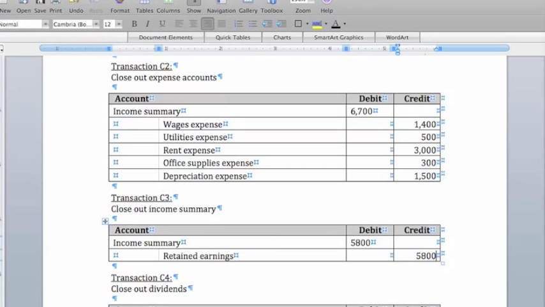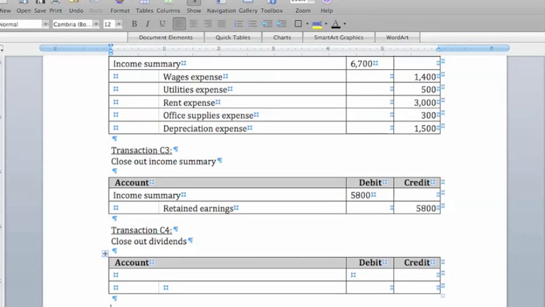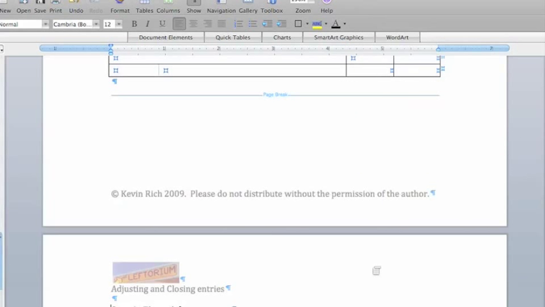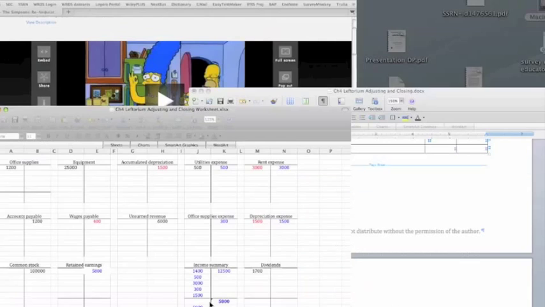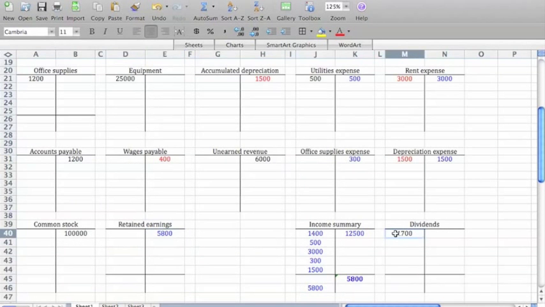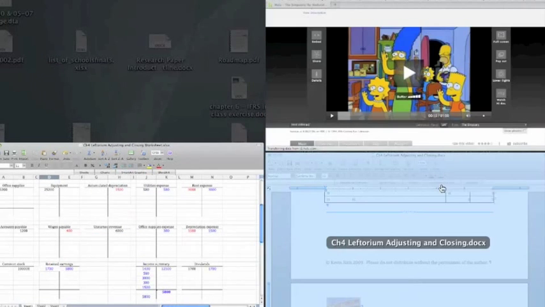Finally, we need to close out dividends. Dividends are a return of capital to investors, and so what we had done in Chapter 3 was pay $1,700 worth of dividends to Flanders. So we're going to close out the dividend account through a credit to dividends, and the corresponding debit is going to be a debit to retained earnings.